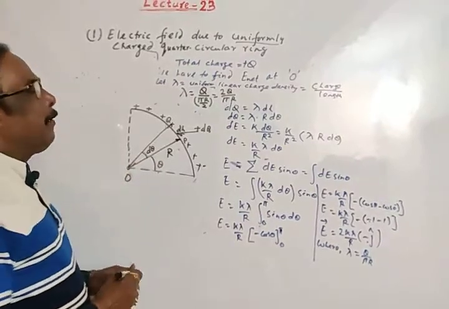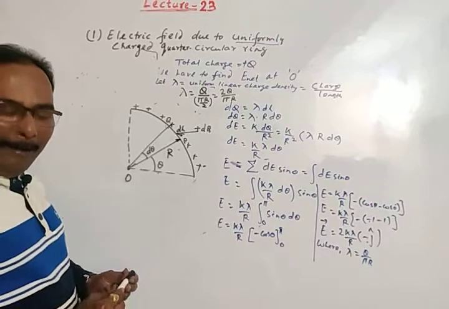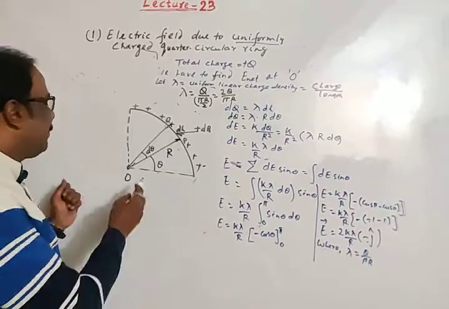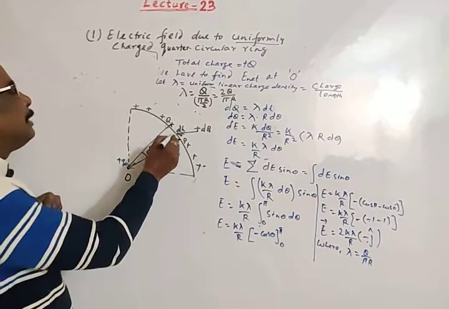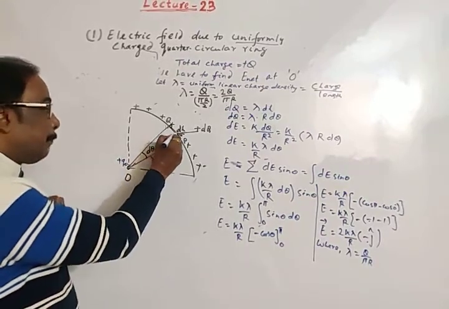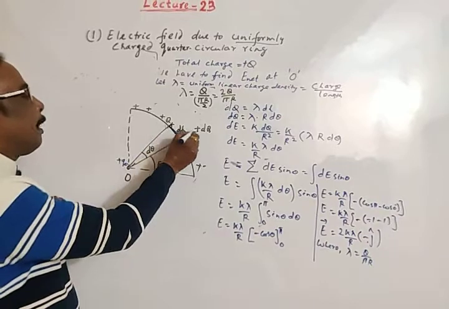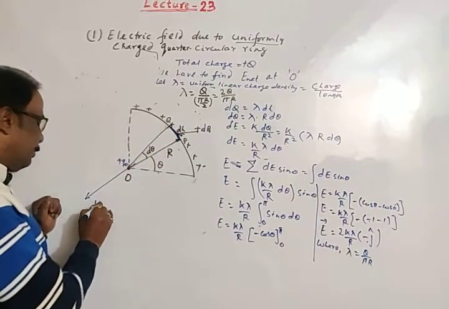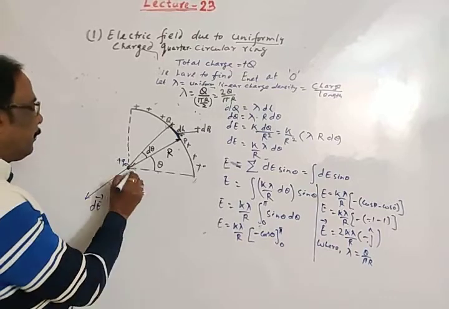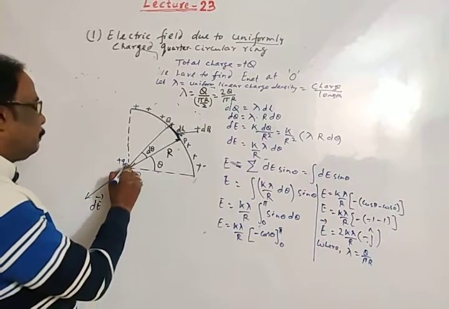Where we have to find the electric field, we place a unit positive charge q naught. Then this dq, due to this elemental length, repels this charge; let the electric field intensity be dE. This is O.